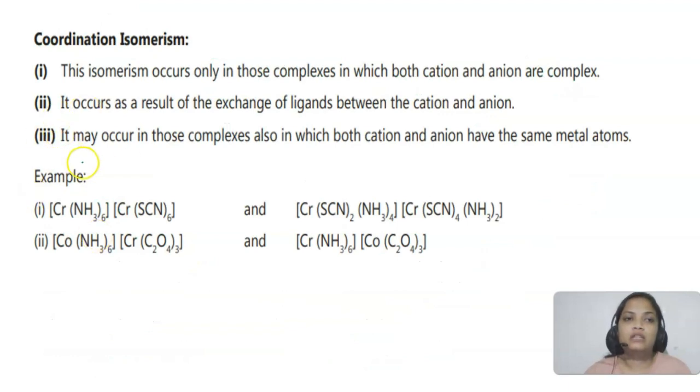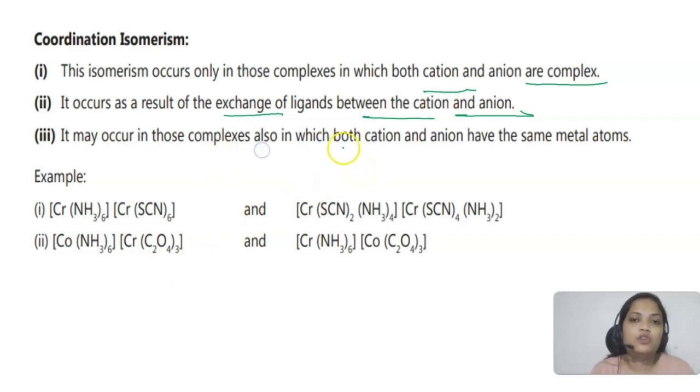The fourth one is coordination isomerism. Where will coordination isomerism occur? Where we have both cation and anion as complex. So there will be an exchange of ligands between the cation and anion. It can also occur in those complexes where both cation and anion have the same metal atom.